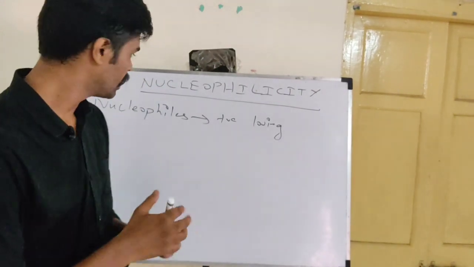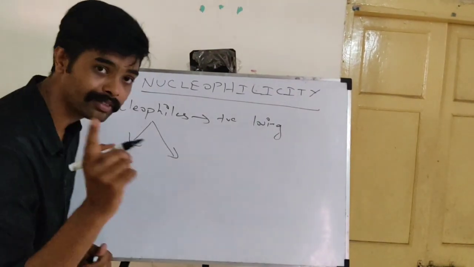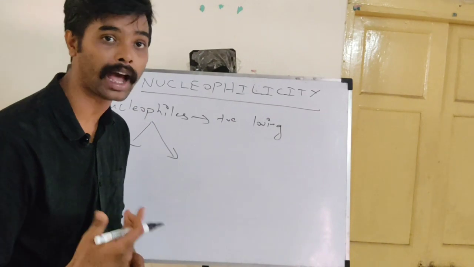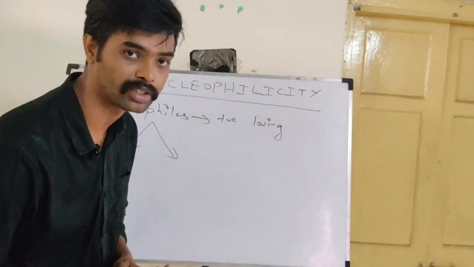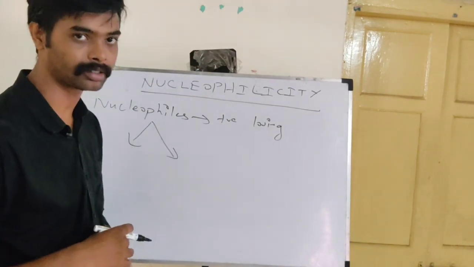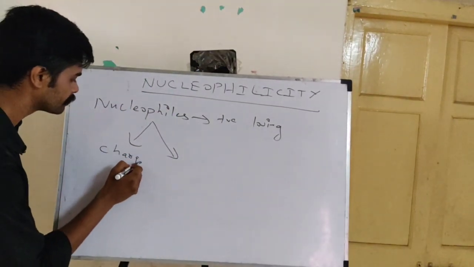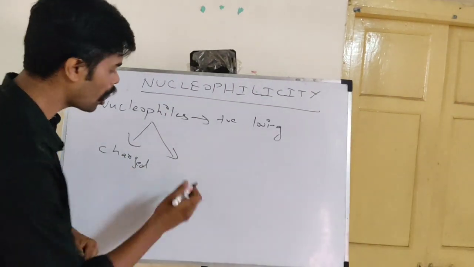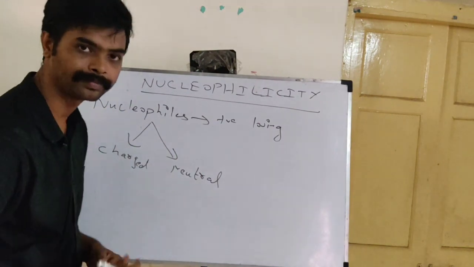Now, how nucleophiles have this excess negative charge is going to depend upon two things, right? One, it can either be a charged nucleophile or it can be a neutral nucleophile, right?